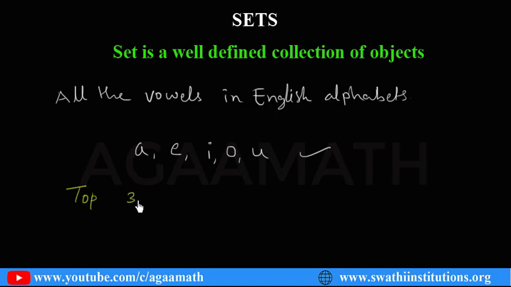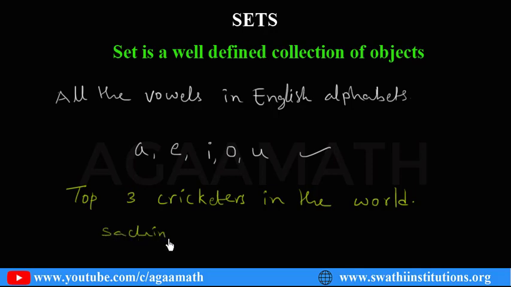Top 3 cricketers in the world. If someone asks me about the top 3 cricketers in the world, according to me, I may say one is Sachin, another is Sunil Gavaskar, and another is Kapil Dev.